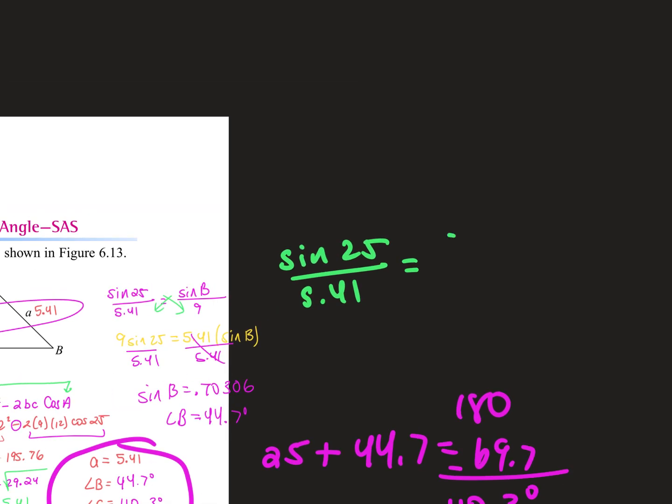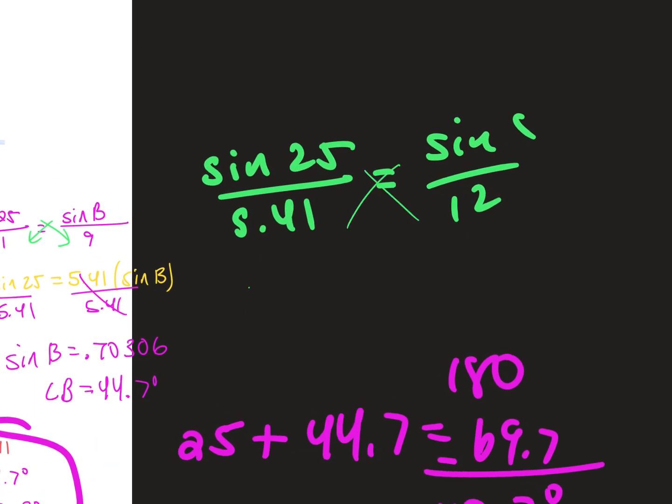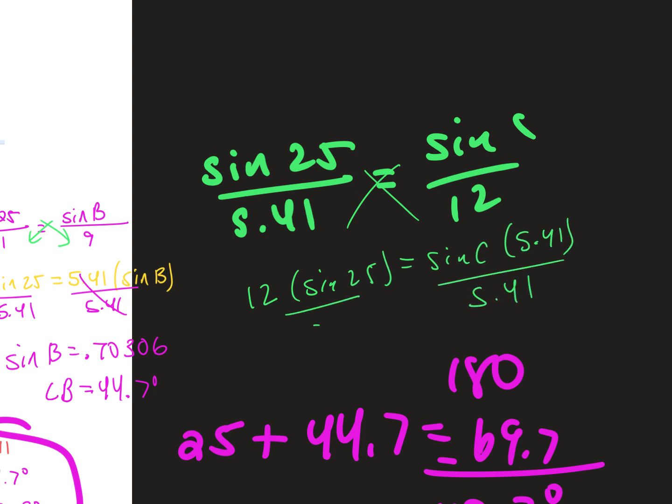So we'll say sine of C over 12. Just do the calculations for me. So cross multiply. I have 12 times the sine of 25 equals the sine of C times 5.41. And then divide both sides by 5.41.